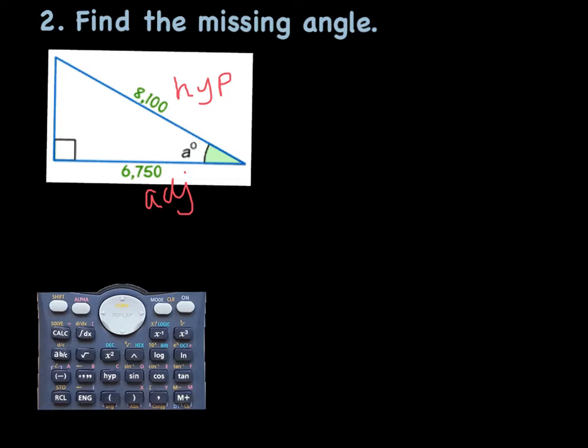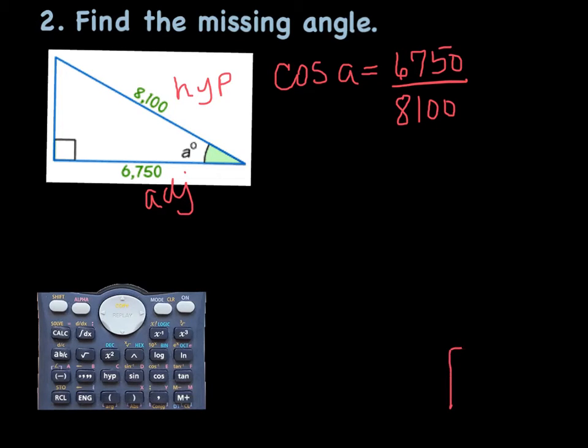Well, hopefully you're thinking cosine. So cosine of angle A would be adjacent, which is 6750, over hypotenuse, 8100. So we're looking for angle A. Let me go ahead and put a spot for my answer down here. A equals.